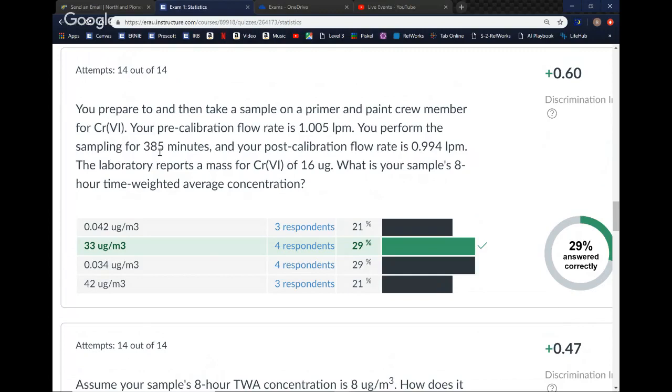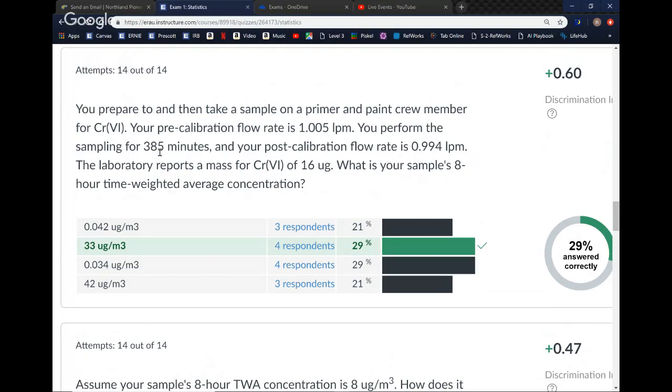So first, concentration is mass over volume, but volume is the same thing as flow multiplied by time. So I find the average flow here, and I believe it's 0.9999995.